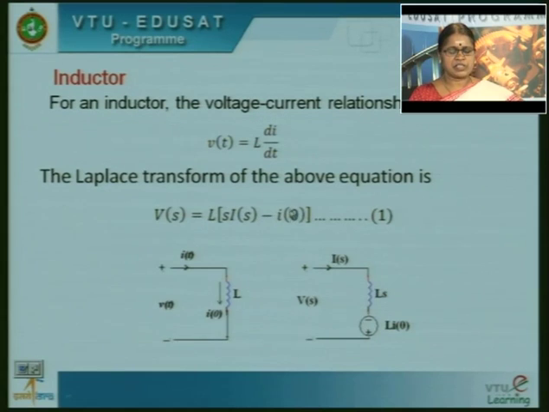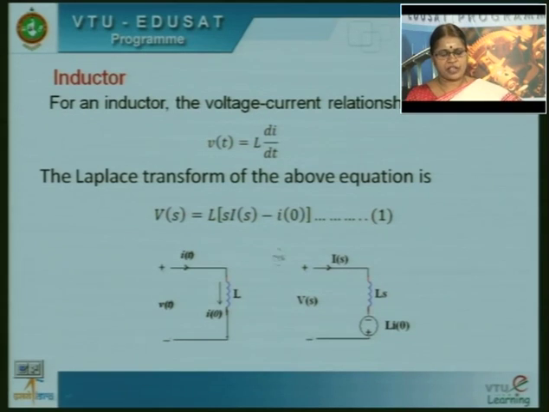And the next term is a voltage whose value is L into I at 0 minus. If you look at this term, the sign before this term is negative, which means that this voltage is aiding the voltage V of s.